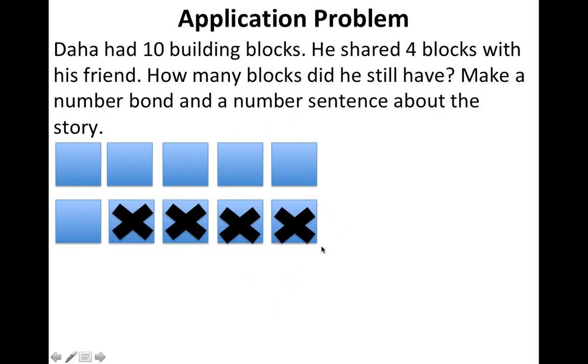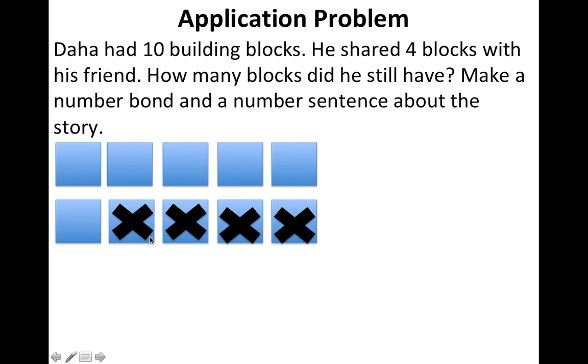You guys, you don't have to put an X. You can erase it, or you can put a circle, like in the previous lesson from yesterday, around the number of blocks that he gave away, whichever is easy for you.